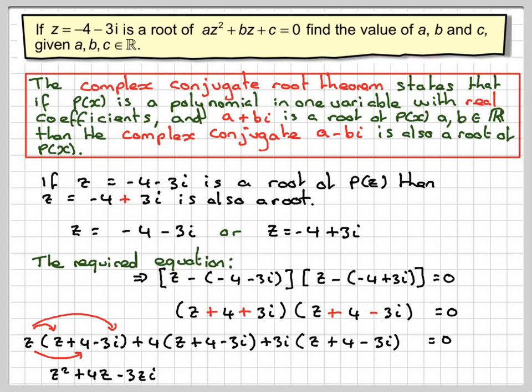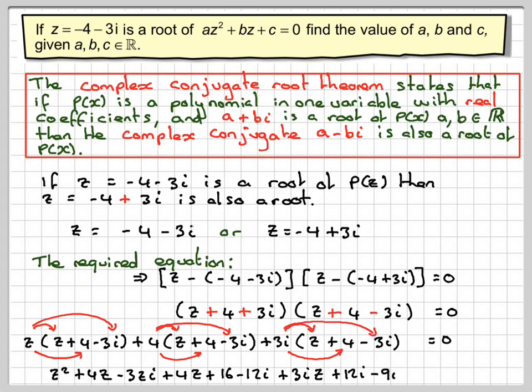Now multiplying through by 4, plus 4z plus 16 minus 12i, plus 3zi plus 12i, and then 3i times minus 3i is minus 9i squared, equal to 0. Right, writing that out again over here.